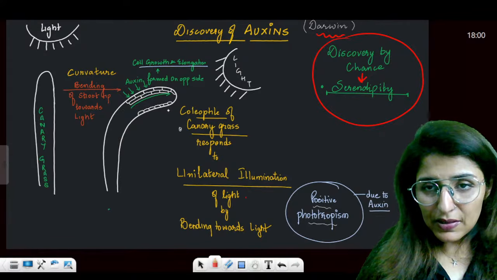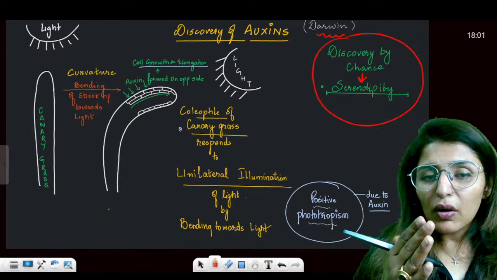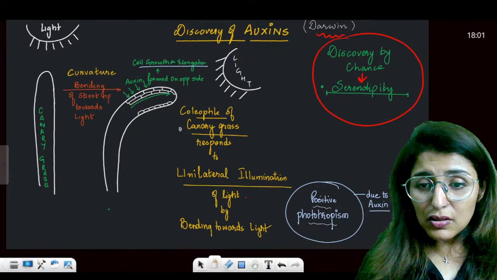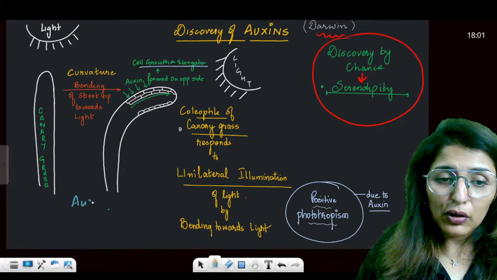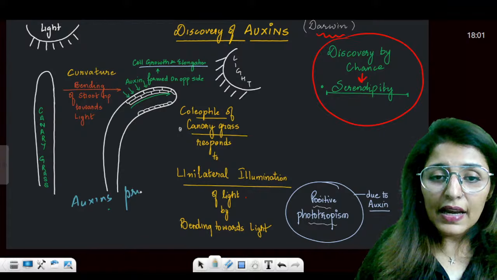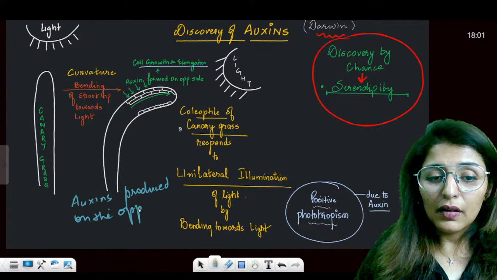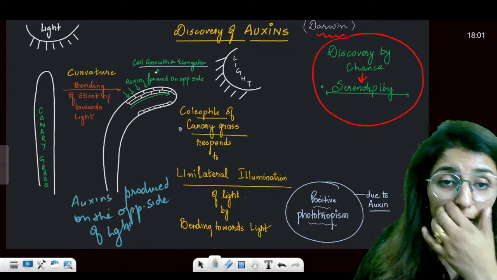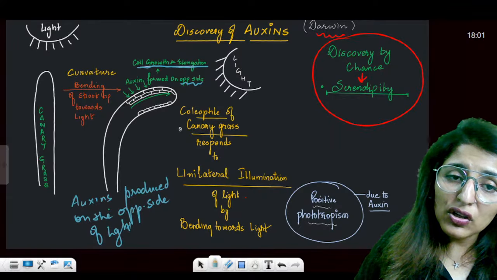So what did he conclude? Auxin is produced on the side opposite to the light. Remember that. So this line is important: auxins are produced on the opposite side of light, and this causes cell growth and elongation on the opposite side.